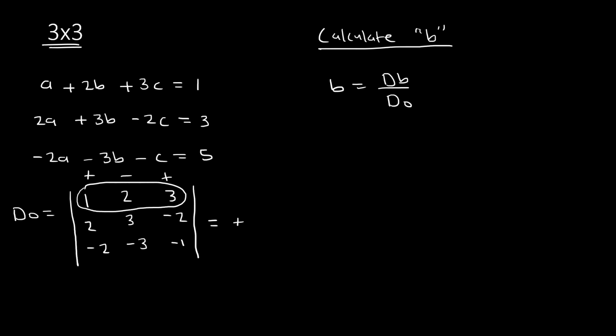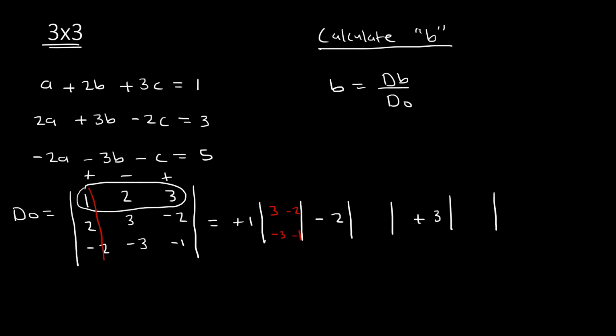It means 1 is positive, you put my 4 numbers. 2 it's negative, I put my 4 numbers. 3 it's positive, I put my 4 numbers. So let's do it. If I cancel row 1 and column 1, I'm left with 3 minus 2, minus 3 minus 1.